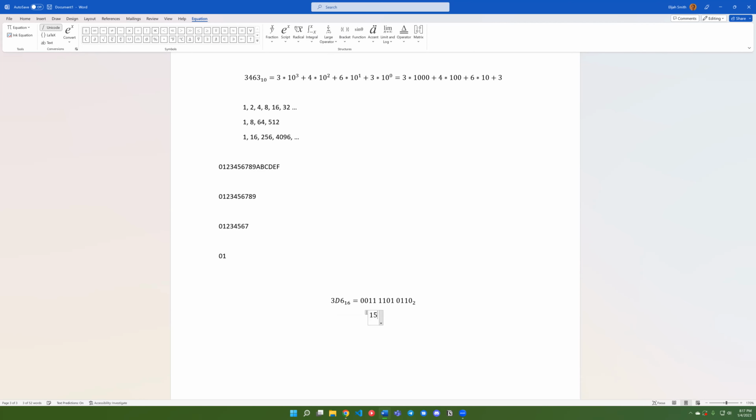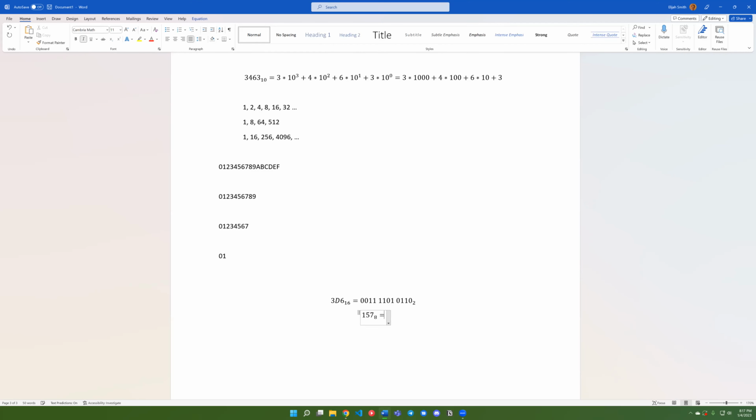If we have 1, 5, 7 maybe, and this is in base 8, we can do it, but using only 3 digits this time for octal. So a 1 is 0, 0, 1. 5 would be 1, 0, 1, because again, we're representing it in binary.